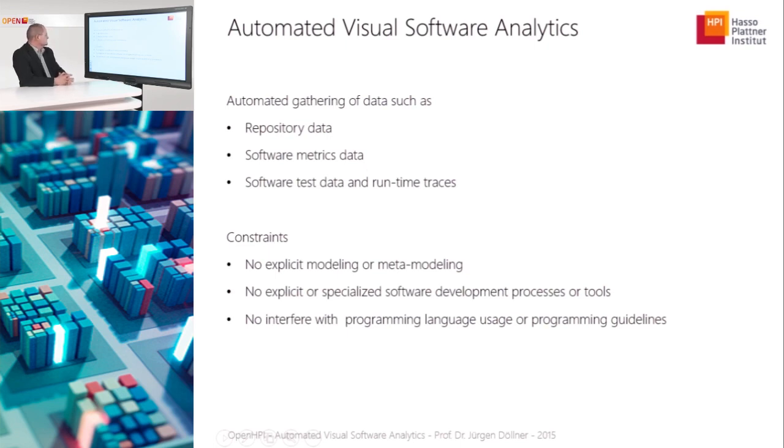Here, the constraints include that we do not have any explicit models or meta-models that are added to our software development in order to do visual analytics. So this means visual analytics cannot rely on extra work, extra effort that would have to be spent. Instead, it must operate on the raw data that is already there in software development projects.